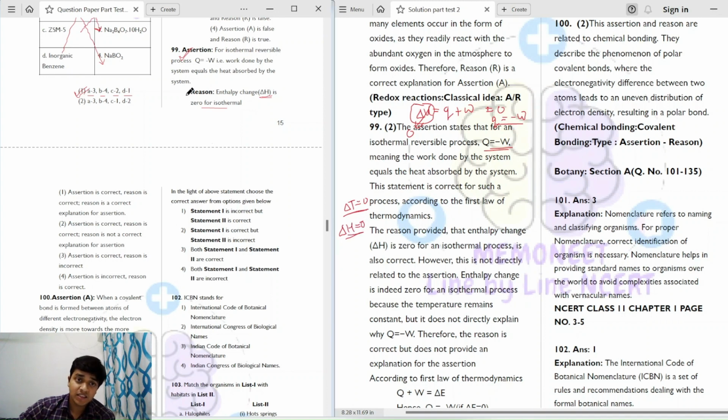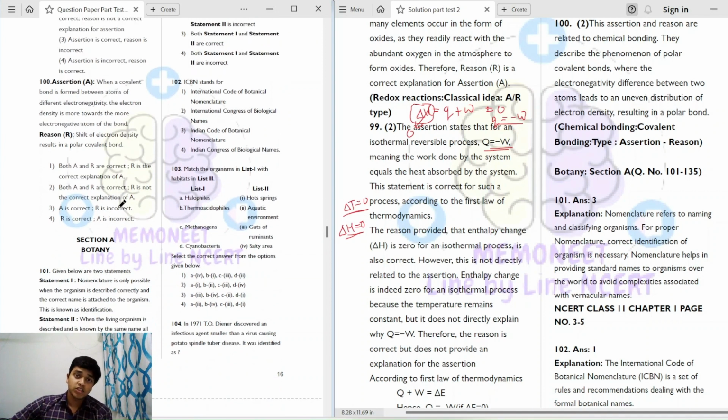But is this statement an explanation of the assertion? No, because the enthalpy change has nothing to do with the relationship between heat and work done, that is determined by the first law of thermodynamics and the value of delta U. So we can say the statement 2 will be correct. Assertion is correct, reason is correct, but the reason is not a correct explanation for the assertion.